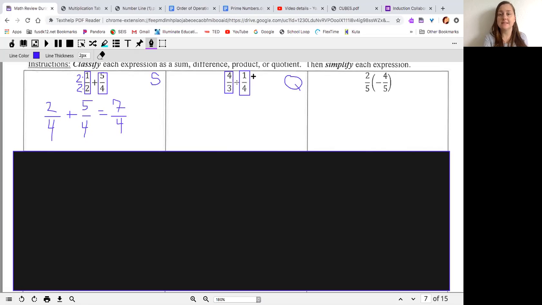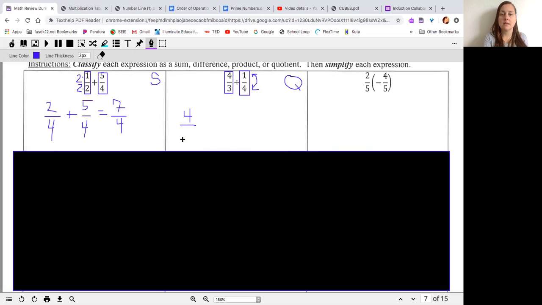But because this is a division problem, I need to switch the numbers on the right side. And I'm switching it because I'm turning this division problem into a multiplication problem, because timesing is easier than dividing.